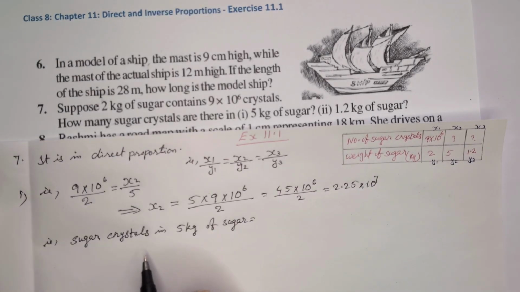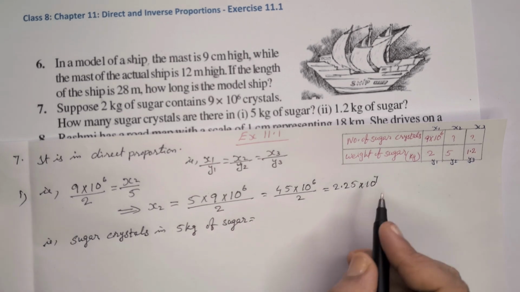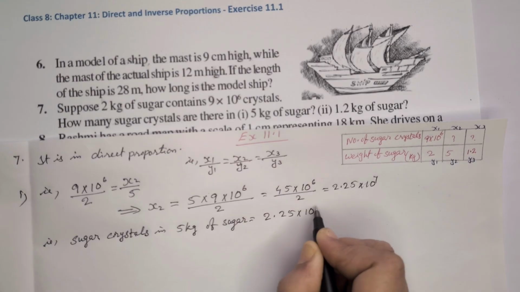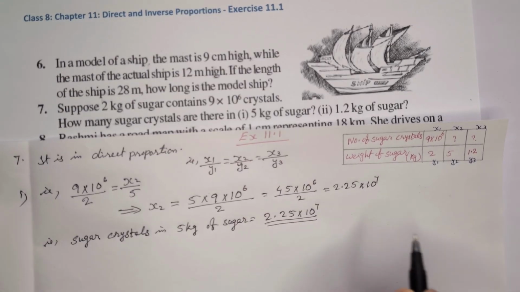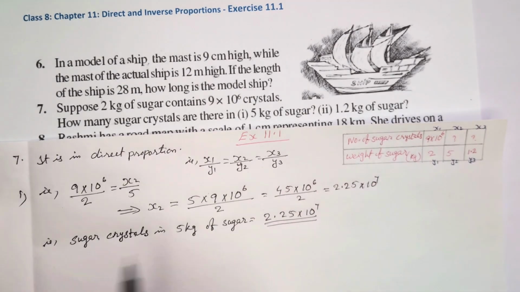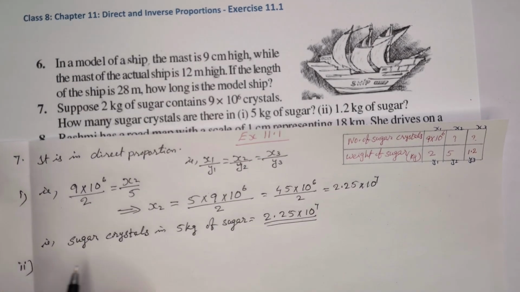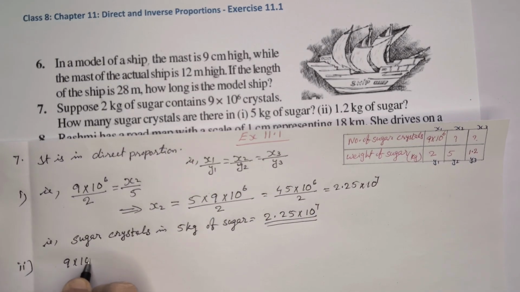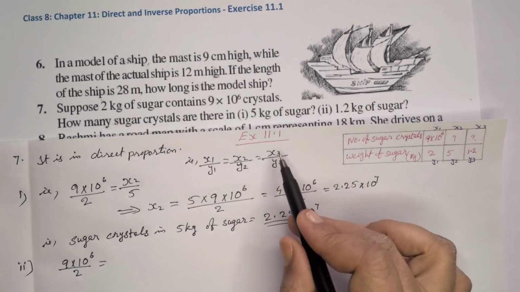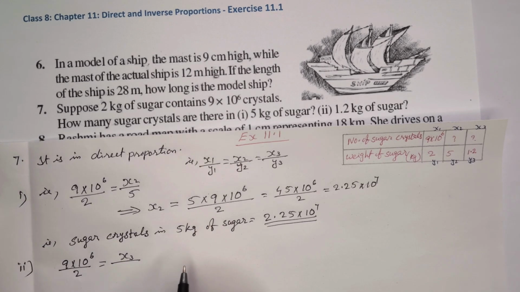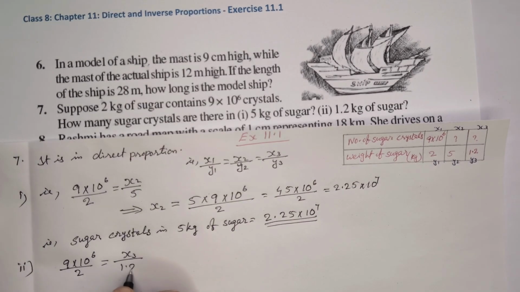So we can write sugar crystals in 5 kg of sugar is equal to 2.25 into 10 raised to 7. Now we have to calculate how many crystals in 1.2 kg of sugar, second part. For that, again same, 9 into 10 raised to 6 divided by 2, x1 by y1 is equal to x3 by y3. x3 we have to calculate, divided by y3 which is given as 1.2.